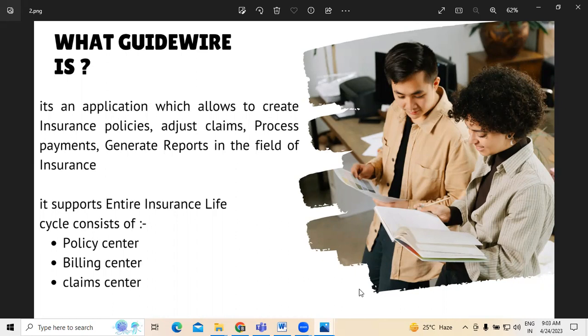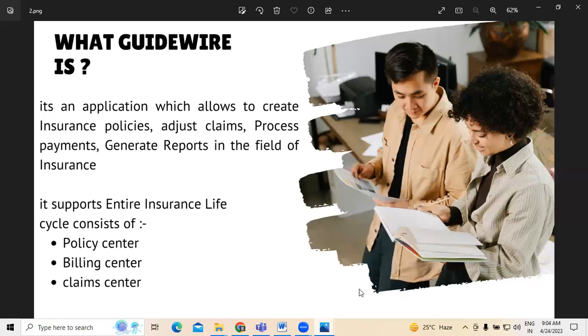At the same time, it is also used to adjust claims, like claim processing, payments, generating reports, and everything in any insurance company. There are two, as I told you: Guidewire is one, and the second is another application called Duck Creek. What we are focusing on in this video is completely Guidewire.